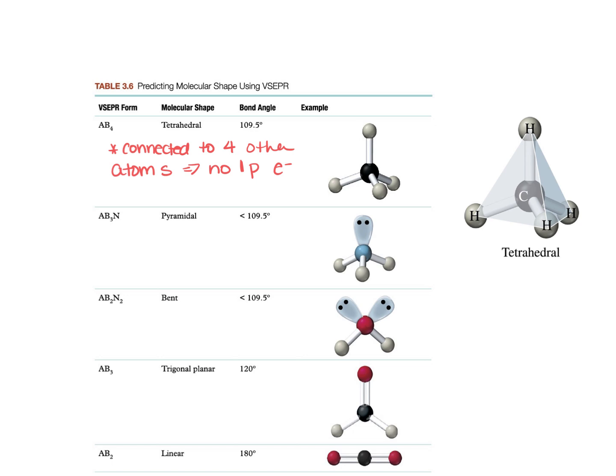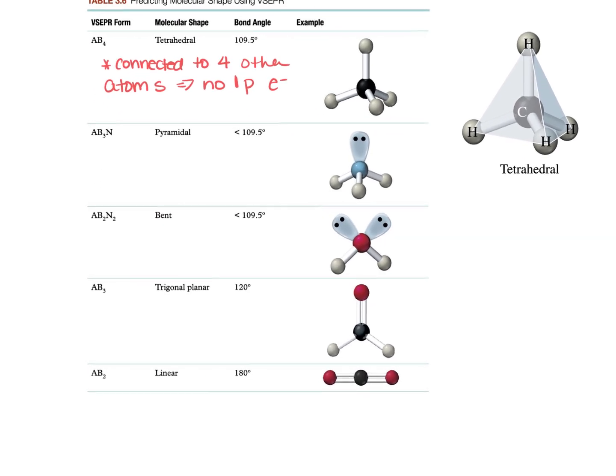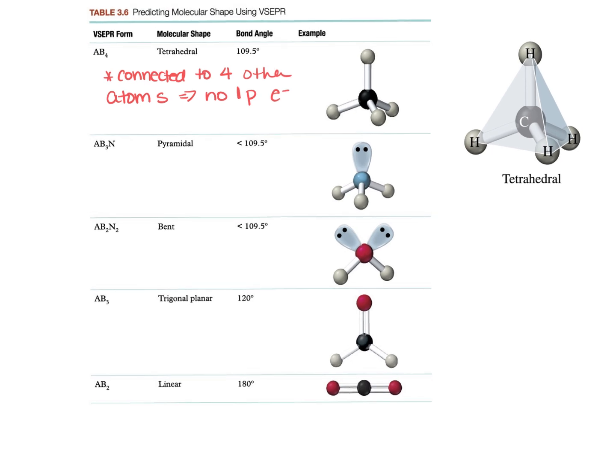Okay. Now, sometimes we are going to have molecules that have 4 groups around them, but they're not all bonds. Sometimes they are lone pair electrons. So this is an example of, it's called pyramidal here, but I'm going to change it to a little bit different word. It's actually trigonal pyramidal.